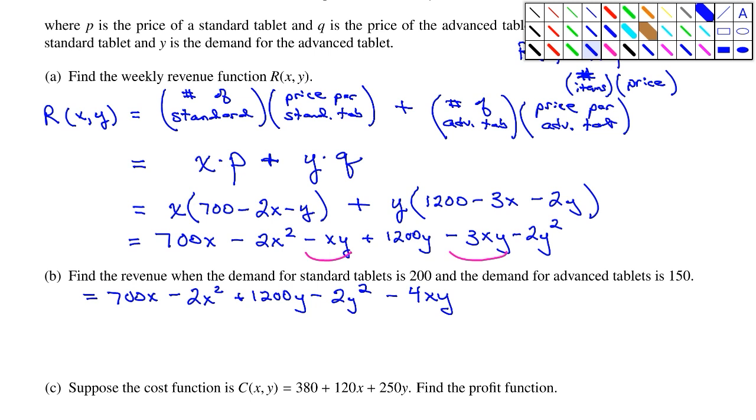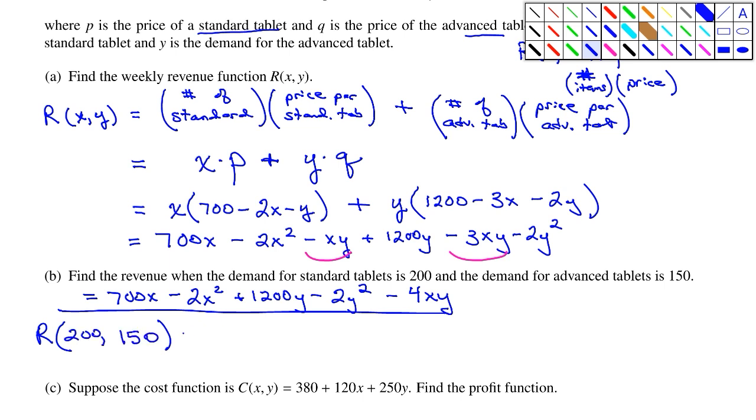Problem B, find the revenue when the demand for standard tablets is 200 and the demand for advanced tablets is 150. So this would be R of, now how did I write this? Well, I wrote it with X comma Y, and the X was standard tablets and the Y was advanced tablets. So this is going to be R of 200 comma 150.